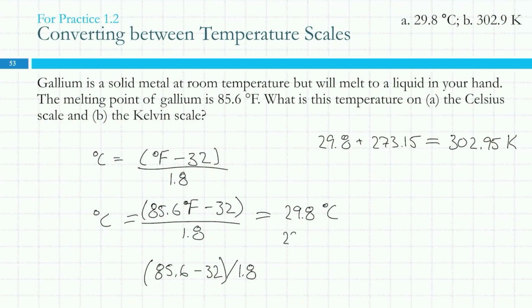So this is actually 29.777 repeating. If you do this, like I did here, with correct sig figs, this is 303.0 Kelvin. If you do it as 29.77, that's how you get 302.9 Kelvin.